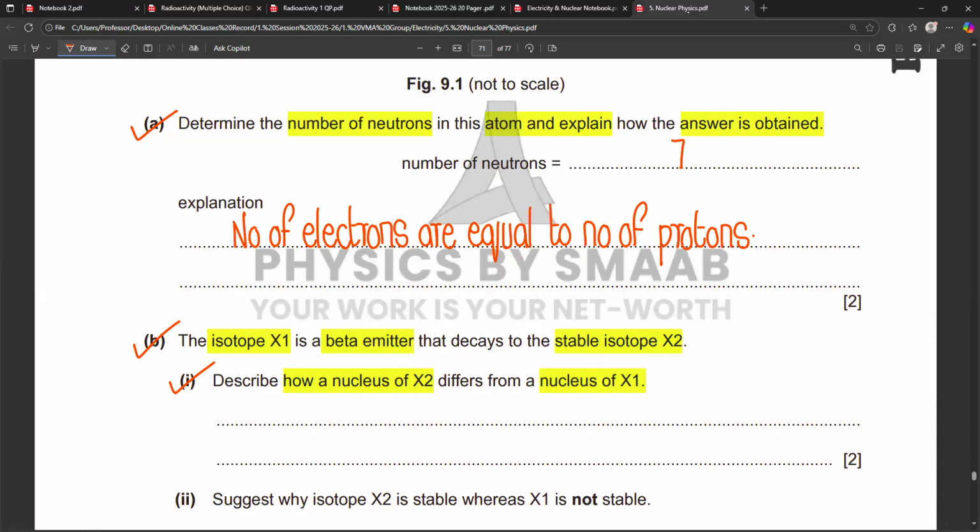So basically when X1 emits beta, we know one neutron actually converts into one proton and one electron.